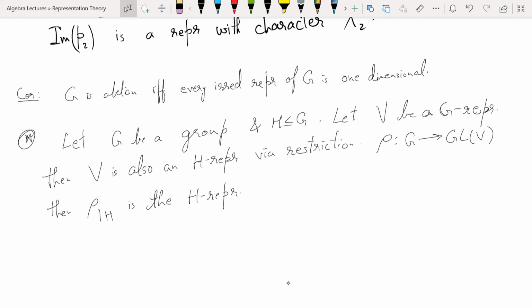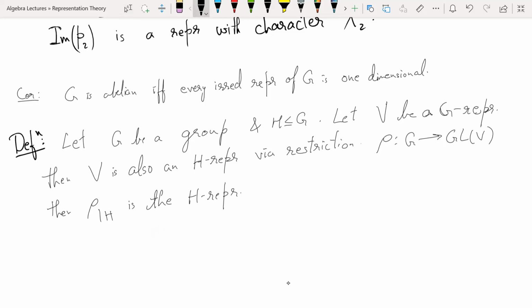If you are given a representation V of G and H is a subgroup, then of course you can also think of V as an H representation. So this is the definition of the restriction of a representation.